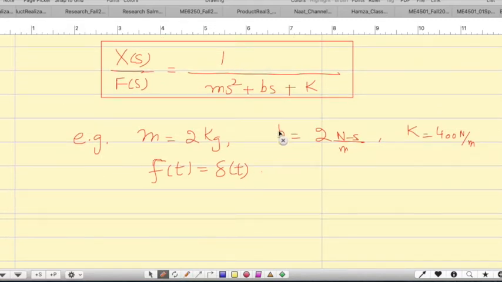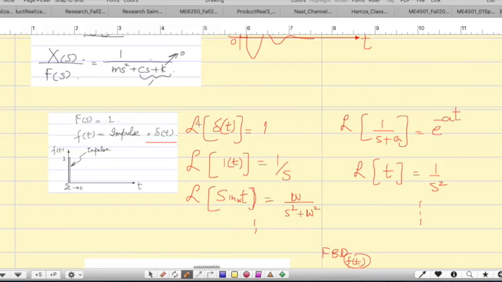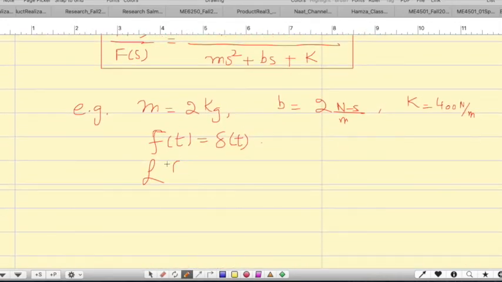Remember, as I mentioned earlier, the Laplace transform of a unit impulse is 1. For the Laplace transform of an impulse of magnitude 2, you just write down 2, and so on. In this case, this is a unit impulse, so this is equal to 1.